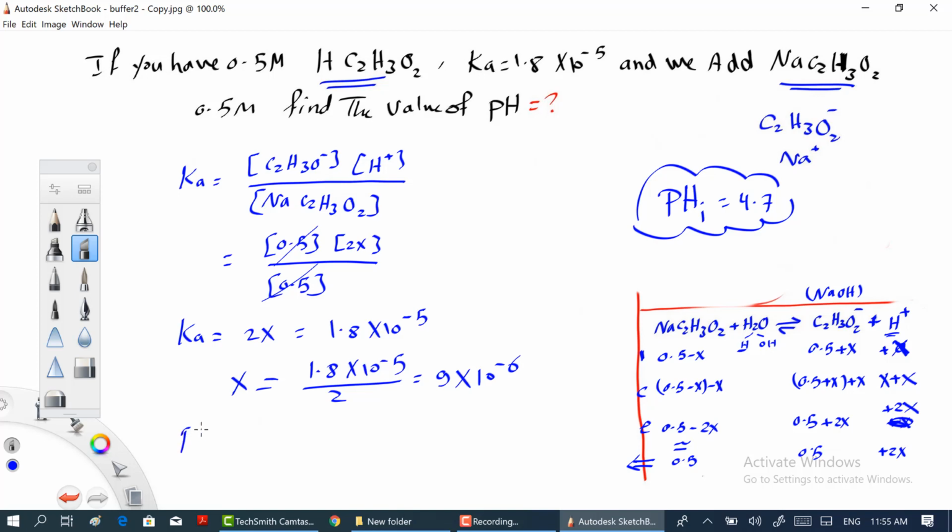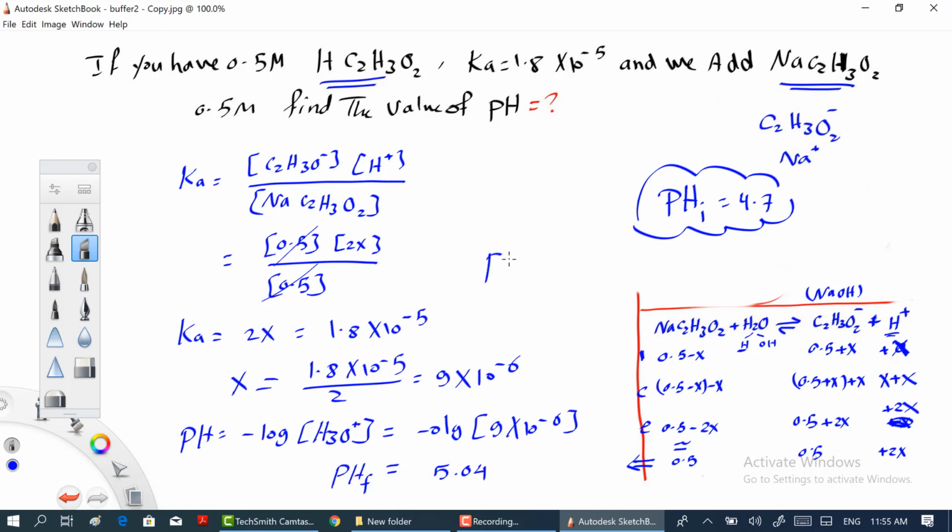So the pH is negative log of the hydronium ion concentration, or the value of x, so it will be negative log 9 times 10 power negative 6, which is 5.04. It's called the pH final.